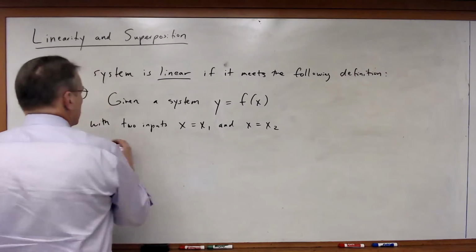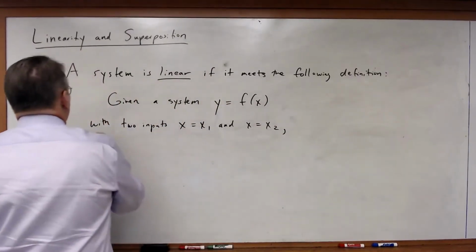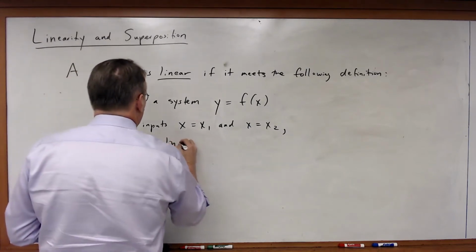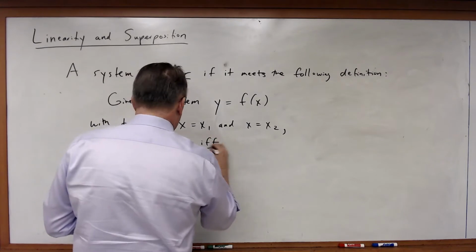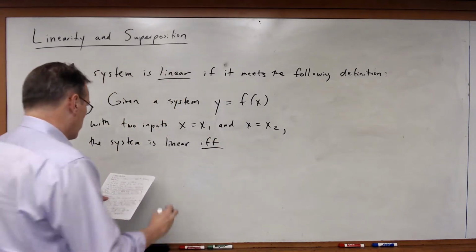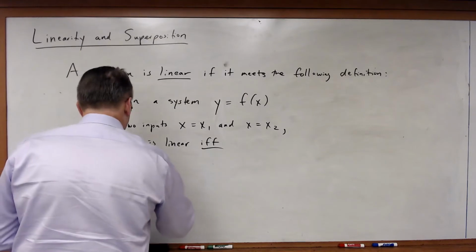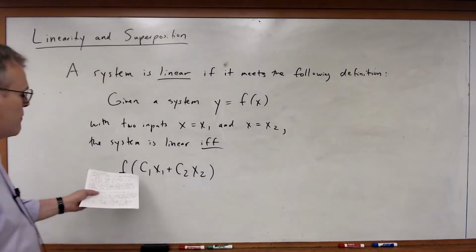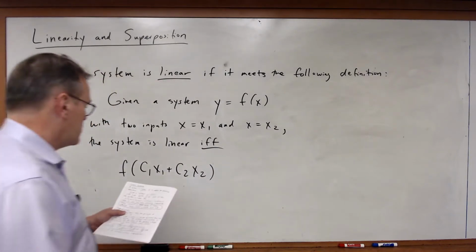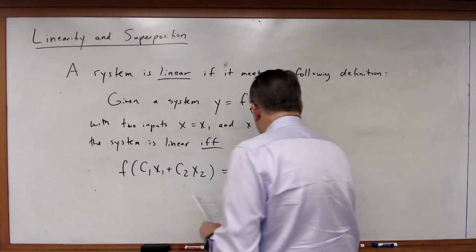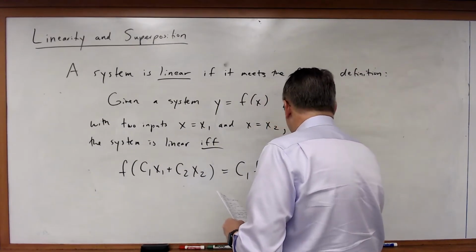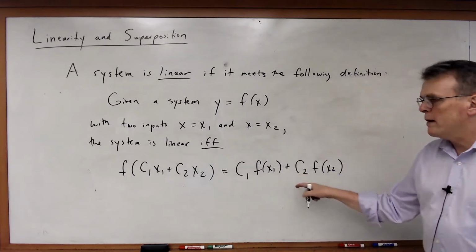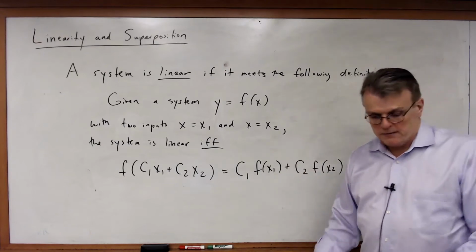So given this, the system is linear if and only if the following is true. f of C1x1 plus C2x2 is equal to C1 times f of x1 plus C2 times f of x2, where C1 and C2 are arbitrary constants.